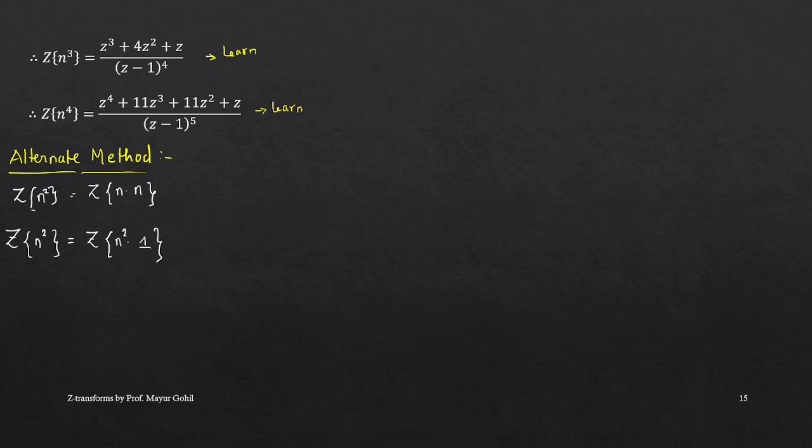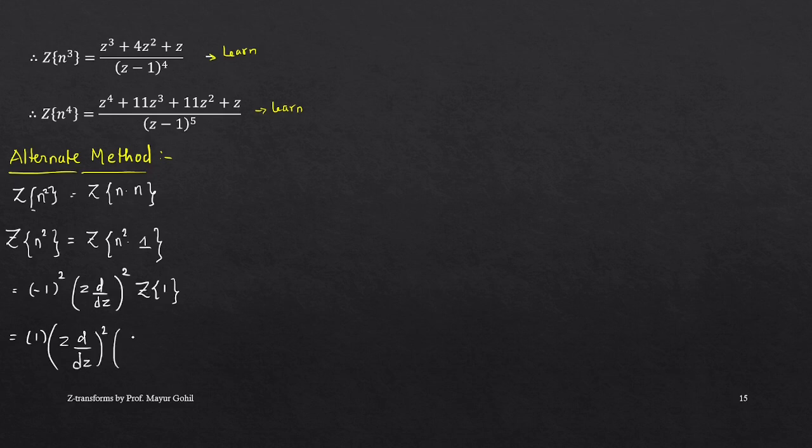Now when we do it this way, what we get is minus of 1 to the power 2 times z d by dz the whole square operated over the Z transform of 1. Now minus of 1 square becomes 1, and what we are left with is z d by dz square operating over the Z transform of 1, which is Z over Z minus 1.